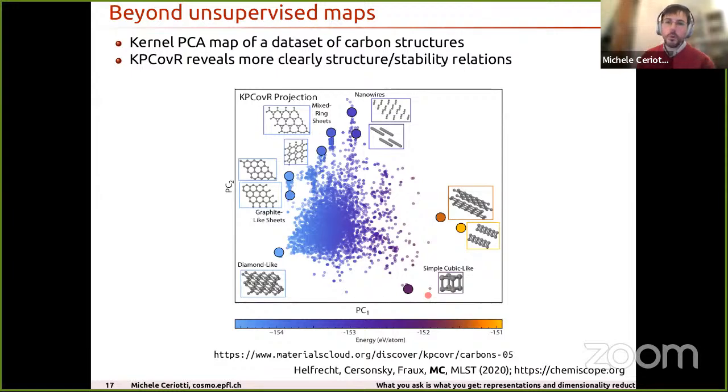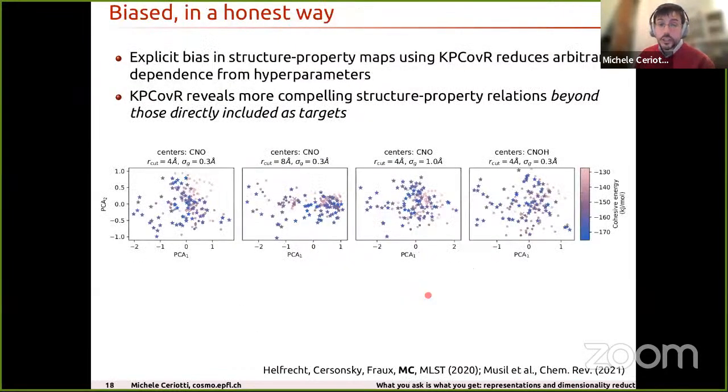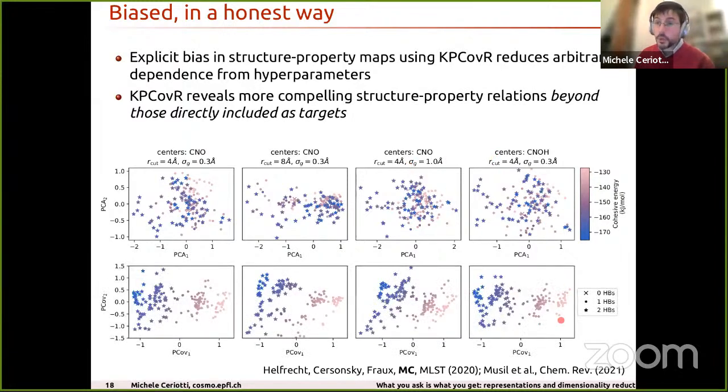So this all makes a lot of sense. And actually, if we go back to this problem of looking at these maps of these molecular crystals that would look completely different depending on the hyperparameters that we choose, if we try to incorporate in the mapping the requirement that the latent space should correlate with the cohesive energy, now the maps start making sense.